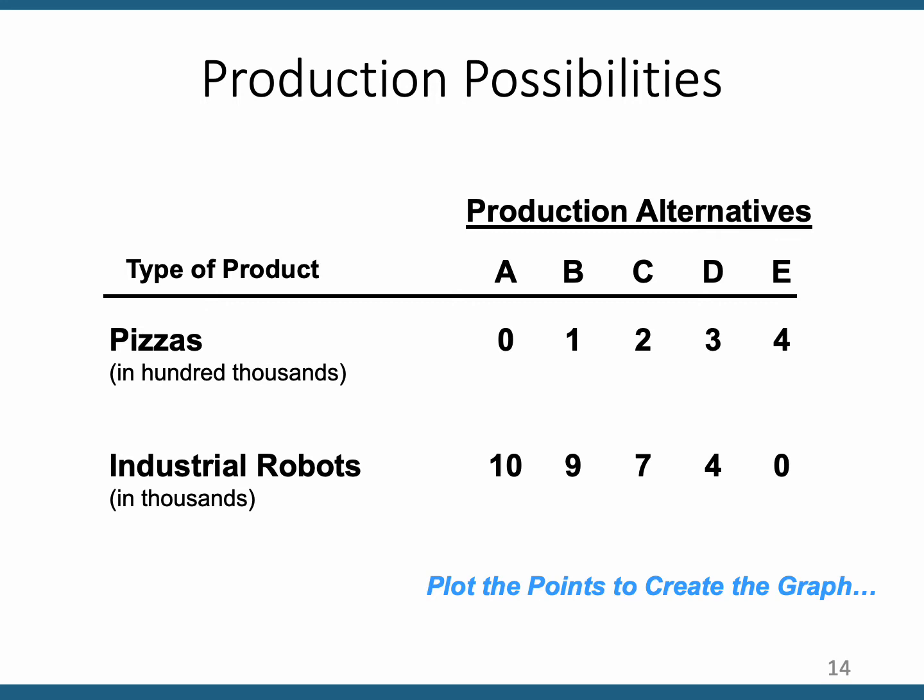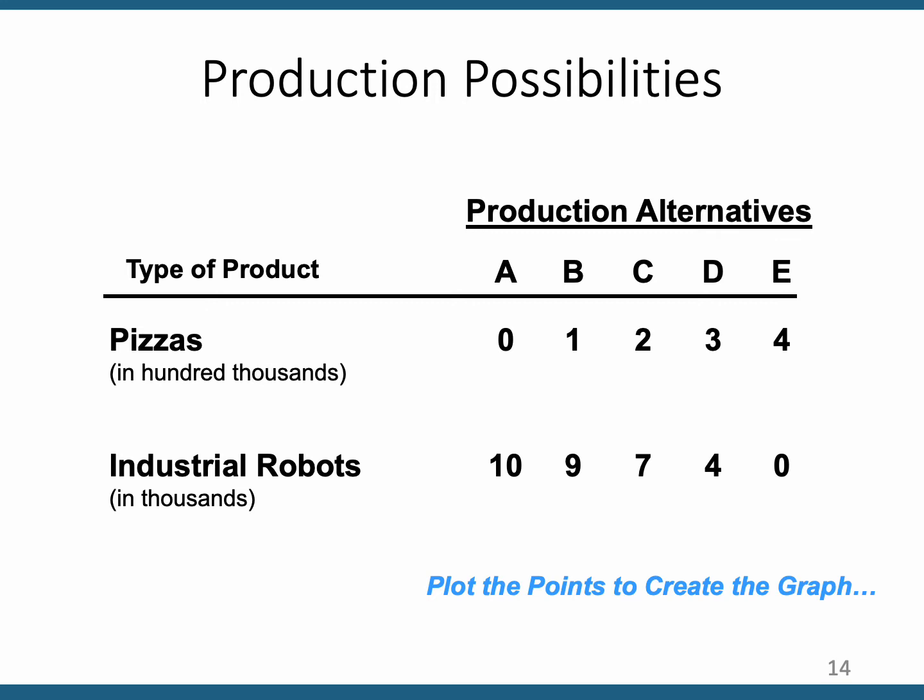You went from 10,000 to 9,000 when you added the first 100,000 pizzas per week. Why wouldn't it be going from 9,000 to 8,000? There's a reason. This is the law of increasing opportunity costs, which I will explain. But let's follow this further before I explain it.